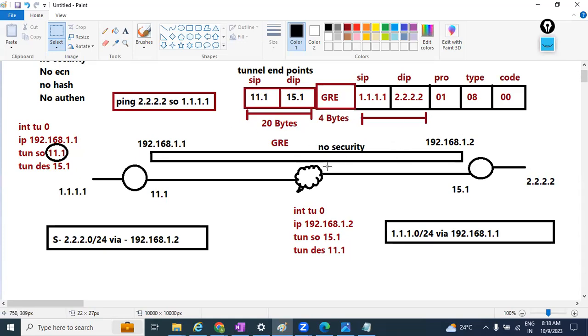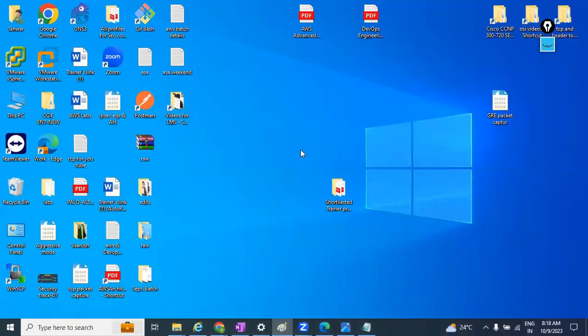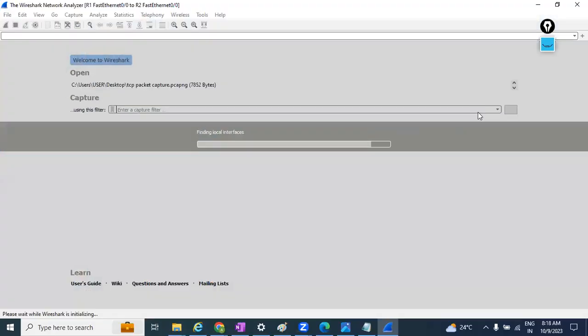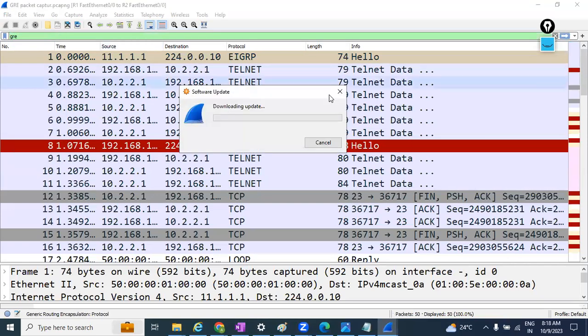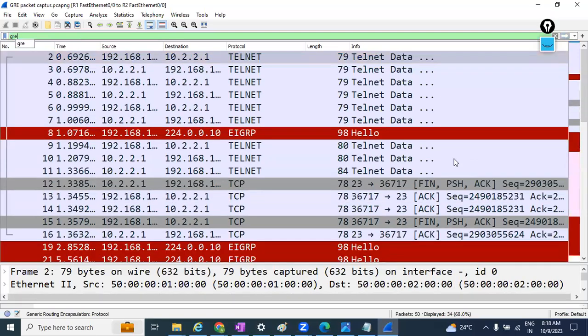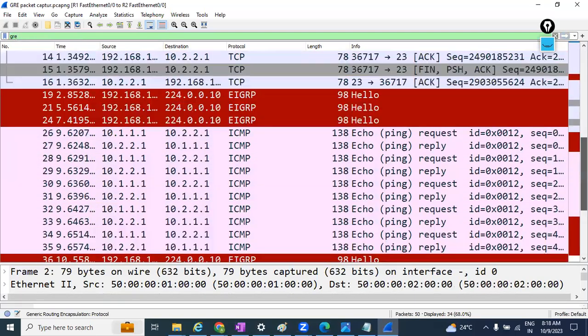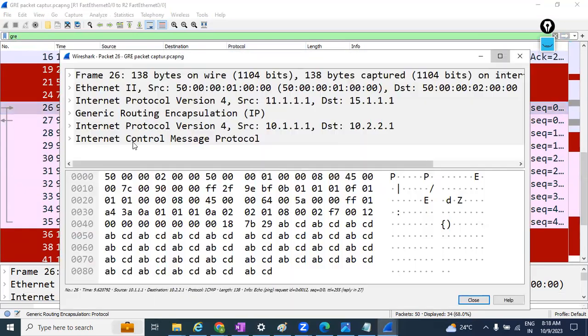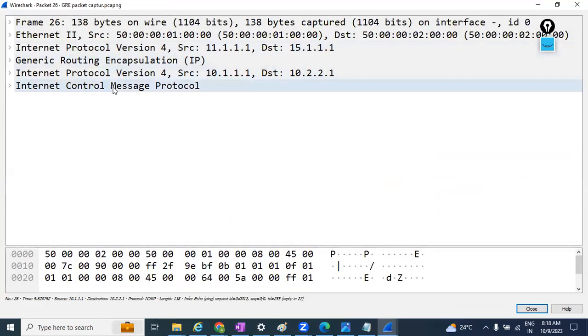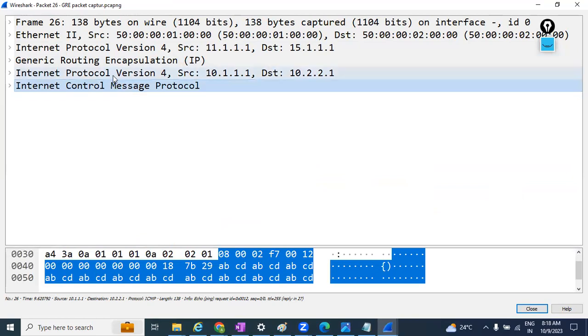Clear? So this is one of the wired captures I have. I'll show you, this is one of the previous captures. Say this is the same ICMP packet we captured in the last class, and you can see we have ICMP, then we have the header.